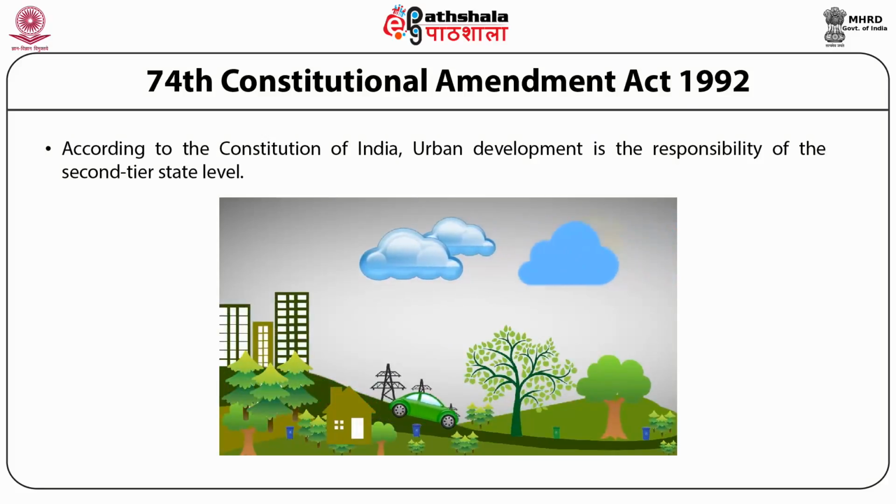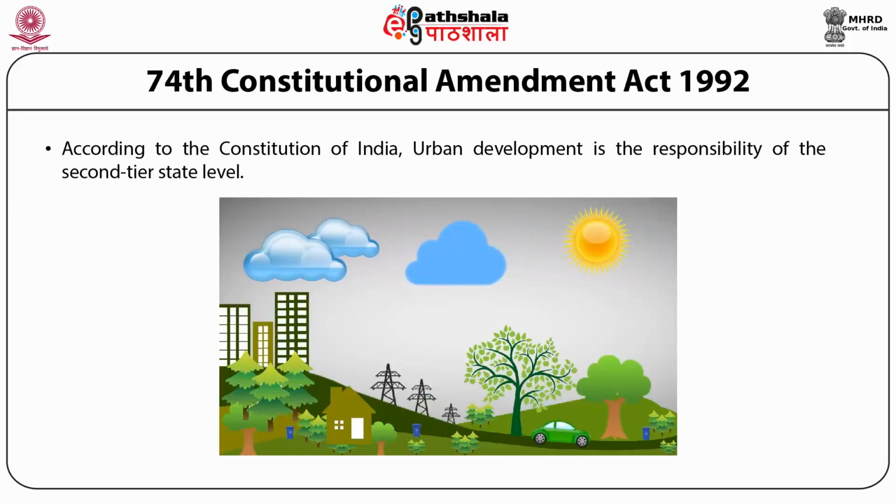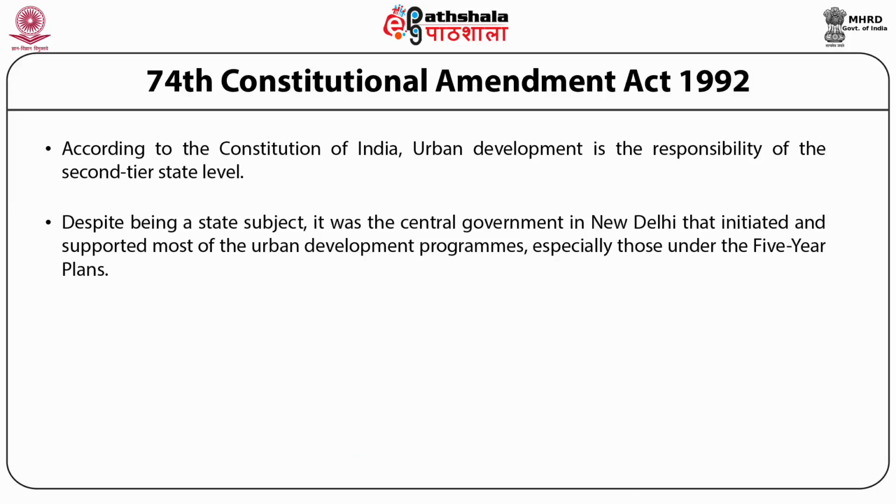Only state governments in India have the power to legislate on urban development. Despite being a state subject, it was the central government in New Delhi that initiated and supported most of the urban development programs, especially under the five-year plans.